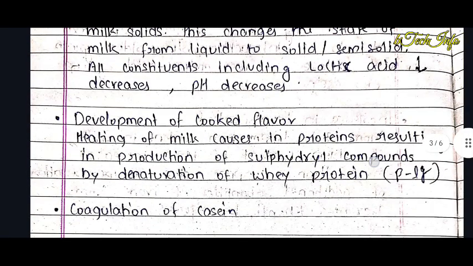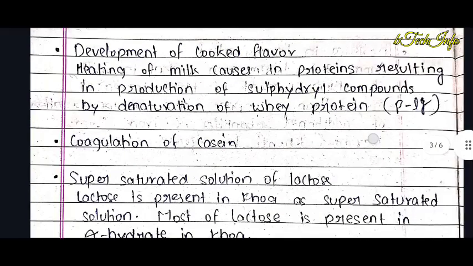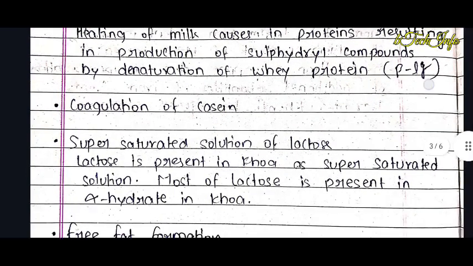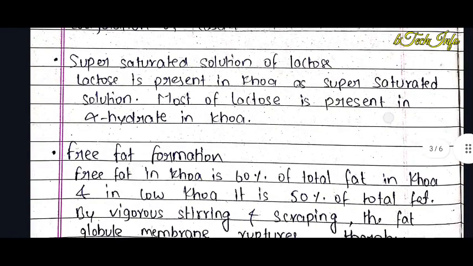Second is development of cooked flavor. Heating of milk causes changes in proteins, resulting in production of sulfhydryl compounds by denaturation of whey protein, basically beta-lactoglobulin. Now coagulation of casein happens. After that, lactose is present in Khoa as a supersaturated solution, so most of the lactose is present as alpha hydrate in Khoa.